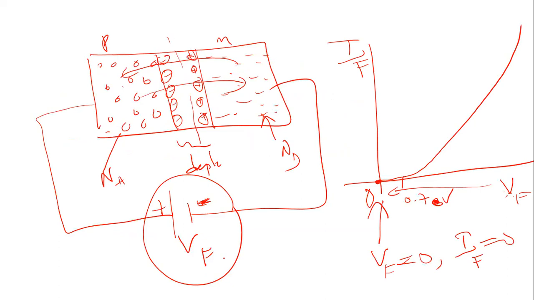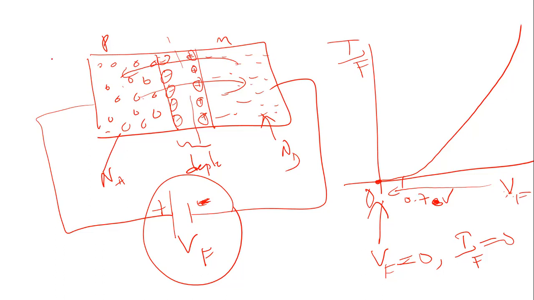Now, if you look at the previous case, when we forward bias a p-n junction in the absence of sunlight, electrons cross the potential barrier to the n side and holes cross the potential barrier to the p side.